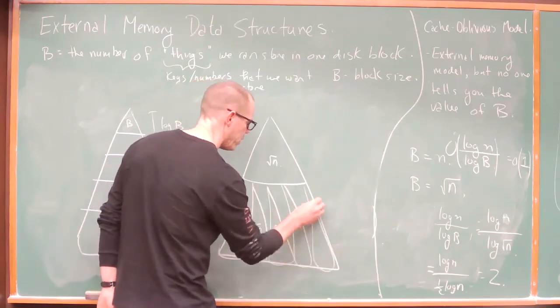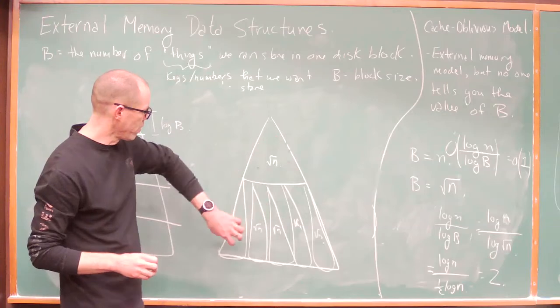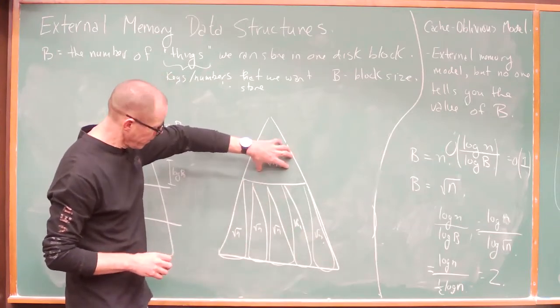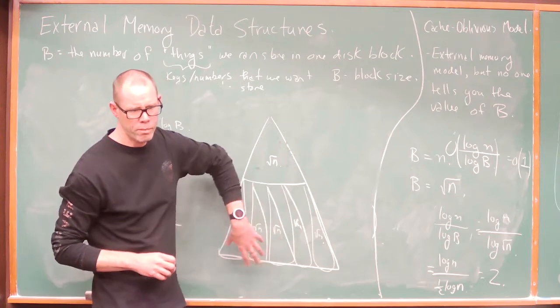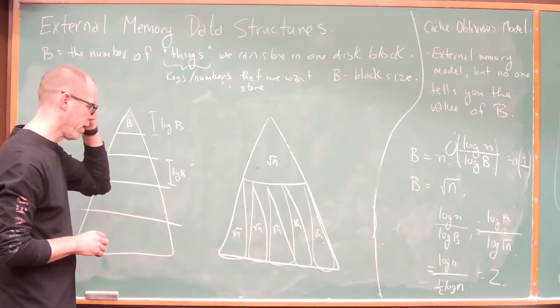Or in terms of B trees, there's one block that contains all this, another block that contains this, another one that contains this, and so on. You read the first block, and you know which of these second blocks contain your answer. So that's the 2-block answer.